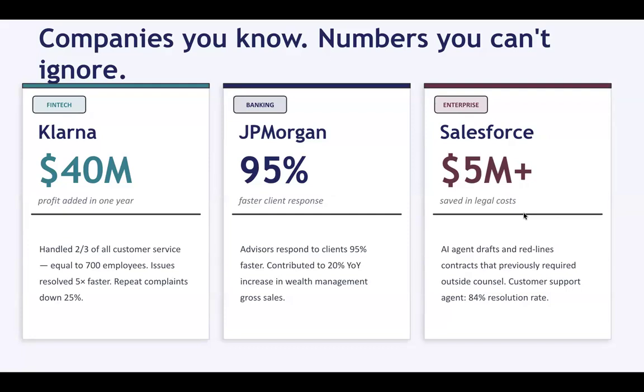So they developed an agent that was trained on legal data, and it helped in redlining contracts. Redlining basically means that it suggested changes in their contracts, and they saved more than $5 million by not hiring external counsel, with this bot.